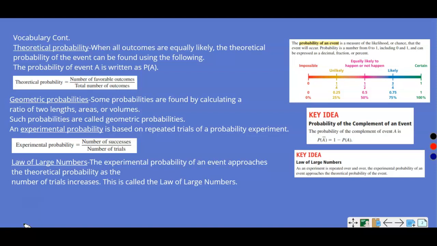So that means you can find the complement by taking that 1 or 100% and subtracting what you know from event A. So this is called P of A bar, and this kind of represents the complement of an event. So the complement is 1 minus whatever the probability of A is.